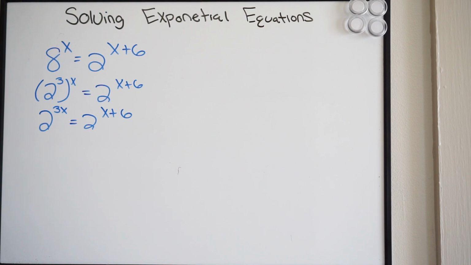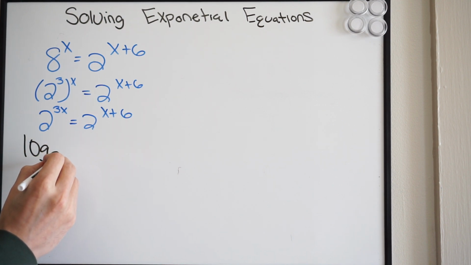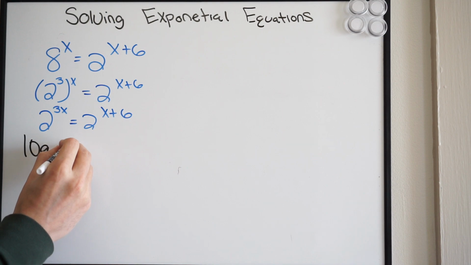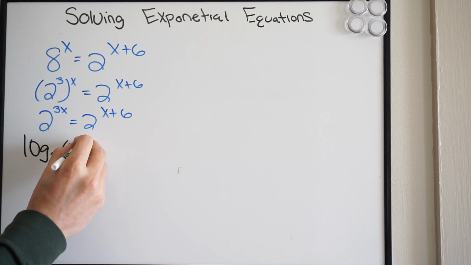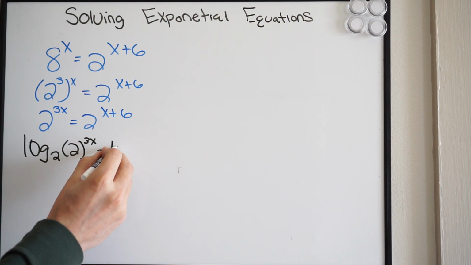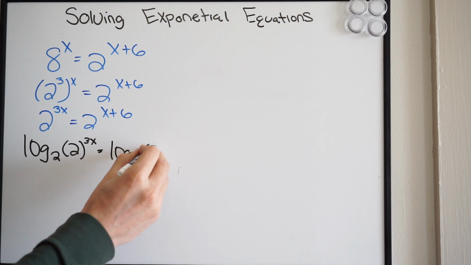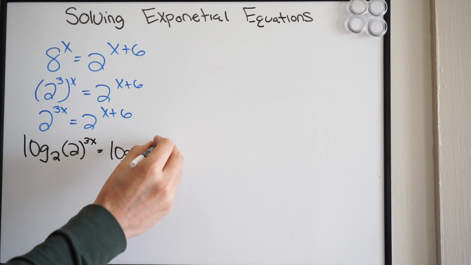What would that look like? Well, log base 2 of 2 to the 3x, equal to log base 2 of 2 to the x plus 6.